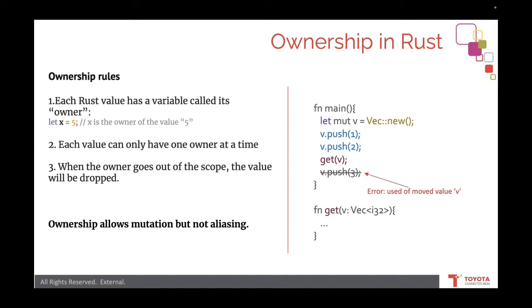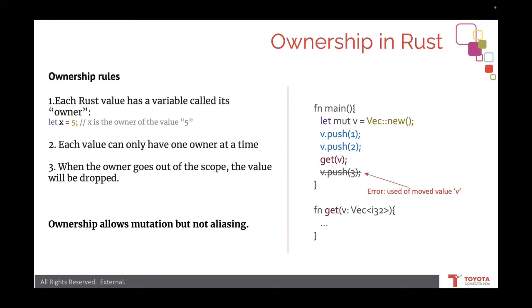There are three rules generally. Rule number one says that every variable is the owner of a value, and each value can only have one owner at a time. And when the owner goes out of scope, the value will also be dropped.